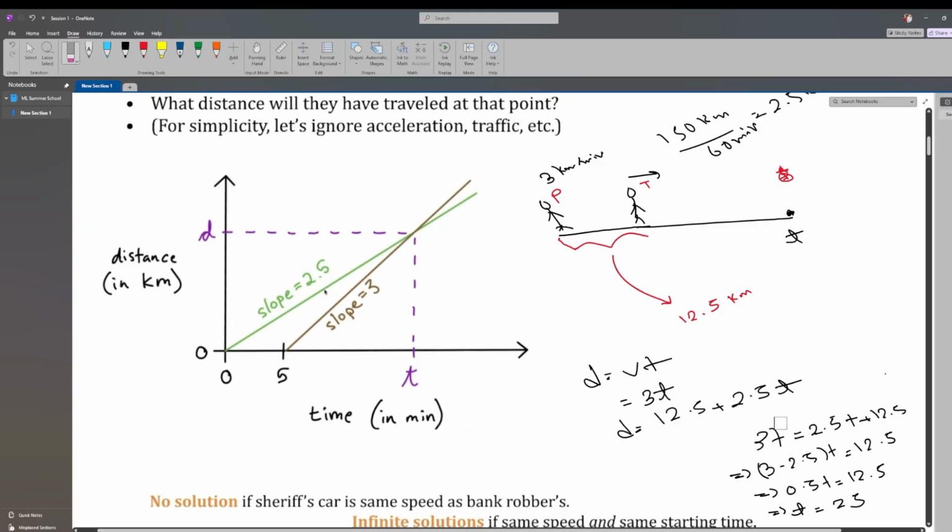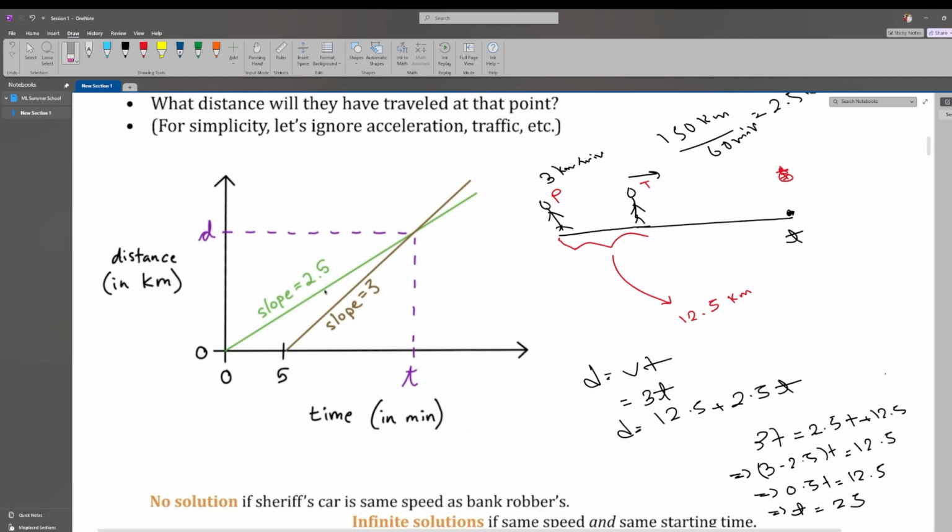We could have changed the equation, or we could have thought about the time in a different manner, because here it was d equal to 3t, right? And we had here 12.5 plus 2.5t and so on. But the equation could have been different.